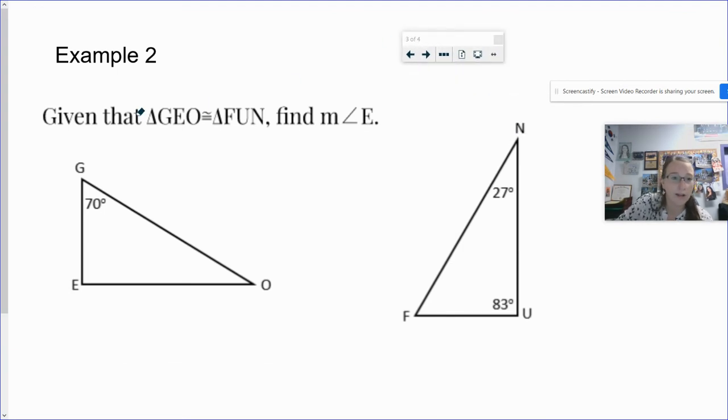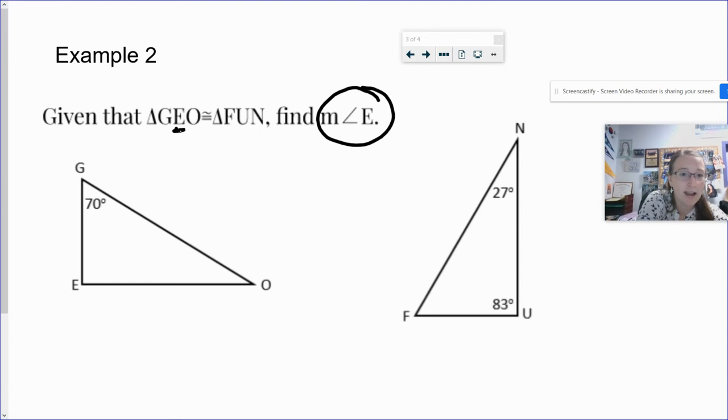So once more, we are looking at the congruent statement to determine what we need. We are not looking at the picture. Especially in this case, we're not looking at the picture because this one's going to be a little bit trickier. So here's what we do. We determine where our angle is that we're trying to find. In the other triangle, we are going to look at that corresponding angle.